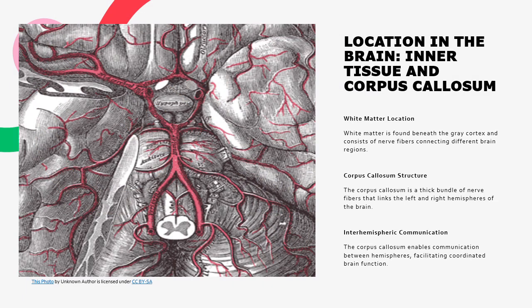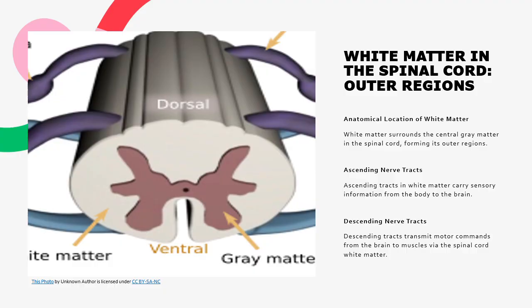In the brain, white matter lies beneath the gray matter cortex, so it's going to go inside, and includes major tracts like the corpus callosum, which connect the two hemispheres, enabling interhemispheric communication. In the spinal cord, white matter surrounds the central gray matter and contains ascending and descending nerve tracts that transmit sensory and motor information between the body and brain.